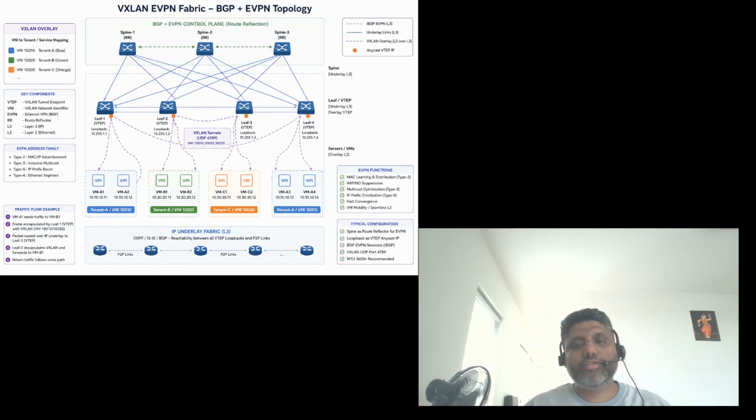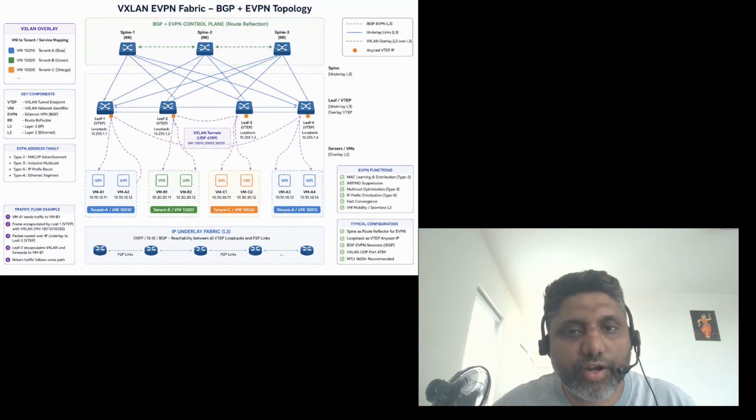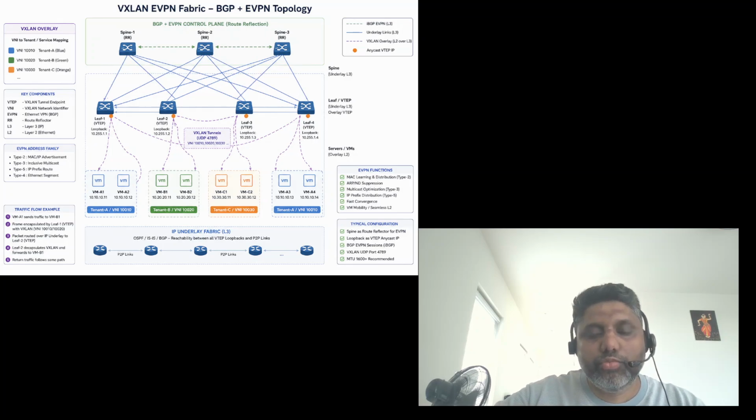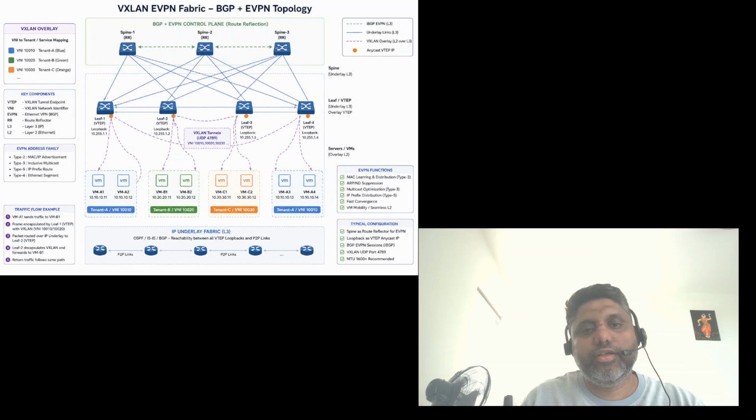Now, what exactly do we mean by route reflector? A route reflector is used to reduce too many broadcasts of BGP advertisements in a particular segment, right? So everybody will send the routes to the route reflector. The route reflector will send the routes back to the leaf nodes depending upon the routes learned.